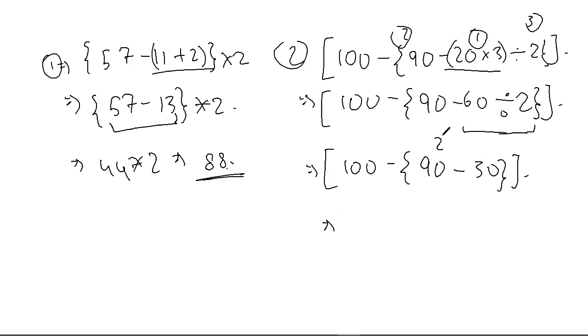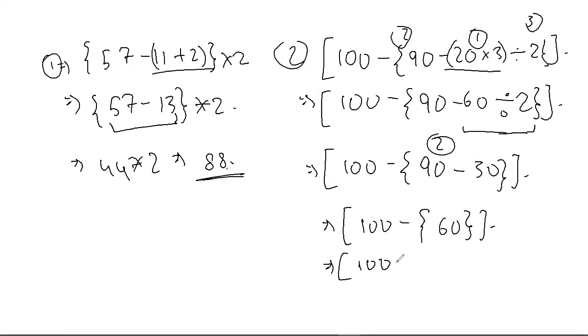And then secondly you have to solve the curly braces. Then you remove the curly braces around 60, and then you get 100 minus 60, which is 40. Not so difficult, huh?